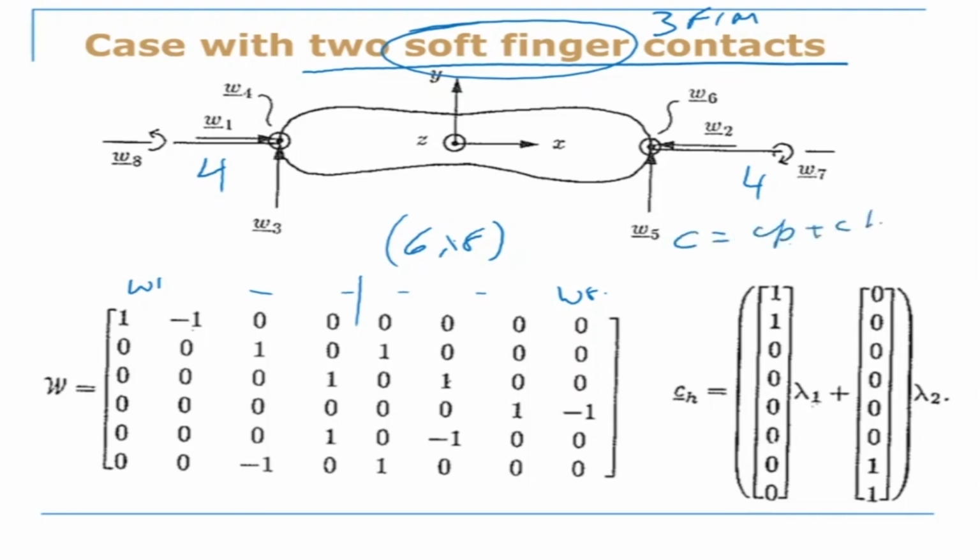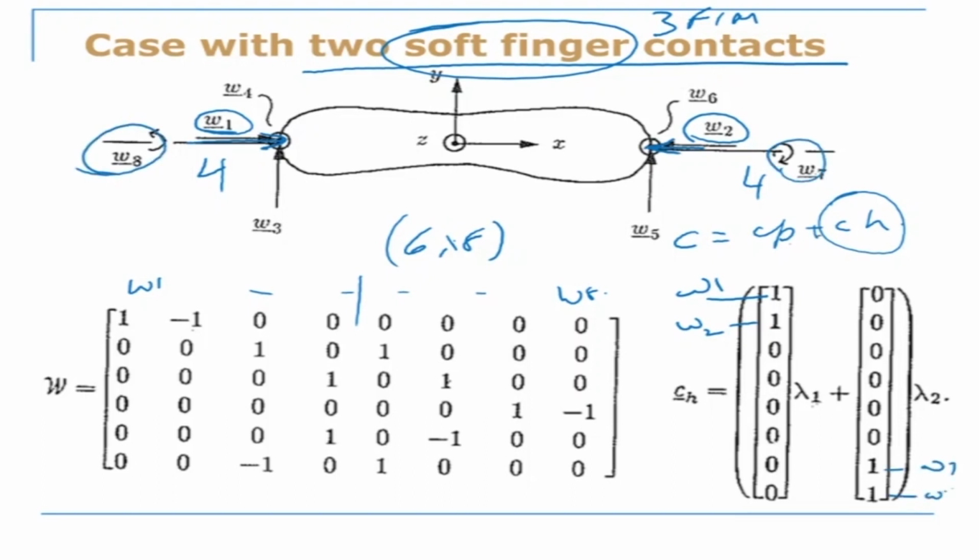Now in this particular case, if I want to find what C is equal to, Cp plus Ch. Now only for grasping you need Ch. Now what will be Ch here? What are the internal forces here? Number 1 is I need this force, W1 and W2, which is coming here. Apart from this, we also need the moments. There is W8 and W7. So this is W7 and W8.